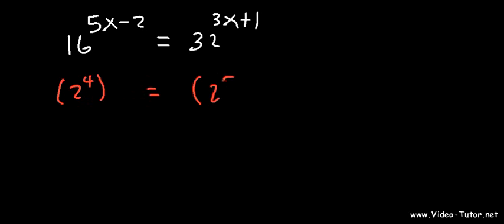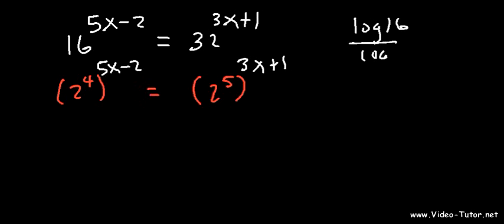And 2 to the fifth power is 32. If you want to know how to get the numbers 4 and 5, just do log 16 over log 2. That's how you get 4, because you want to change 16 into base 2. And log 32 over log 2 is 5.